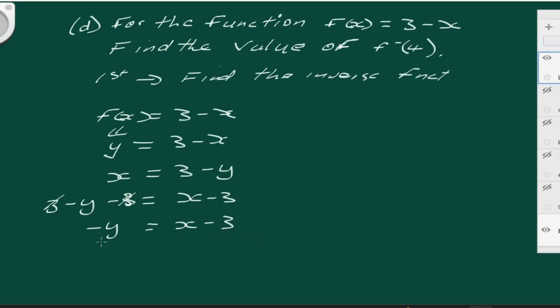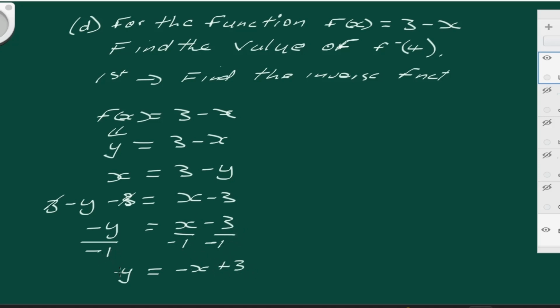Now that we have negative y equals x minus 3, divide the negative y by negative 1, and each of the items on the other side is also divided by negative 1. So a negative by a negative gives us a positive, and this will be negative x plus 3. So x divided by negative 1 will give us a negative x, and negative 3 divided by negative 1 will give us a positive 3.